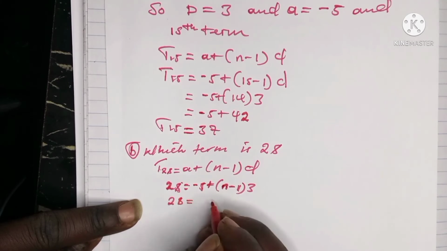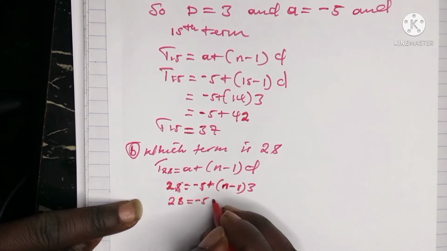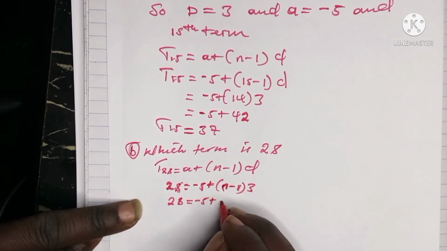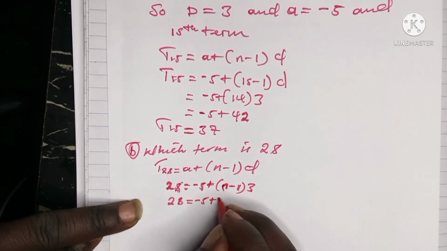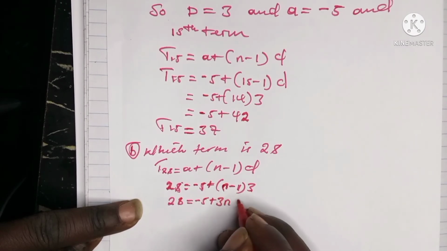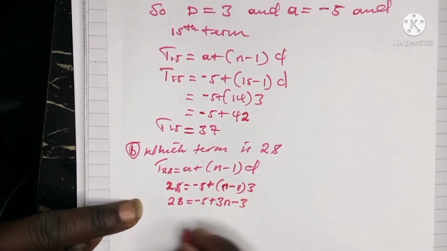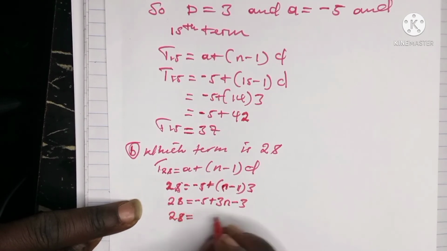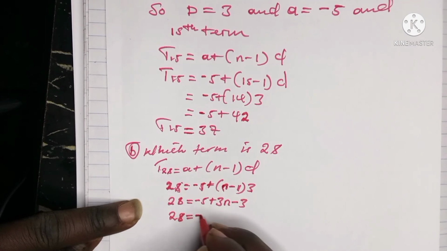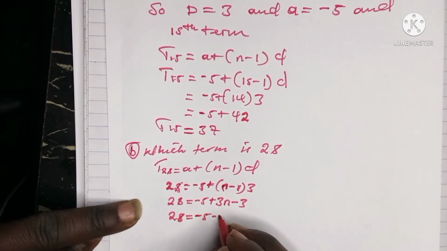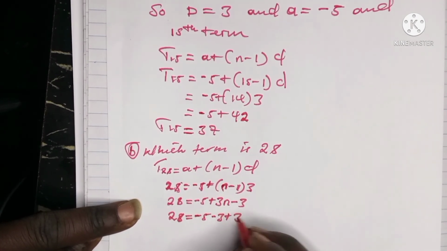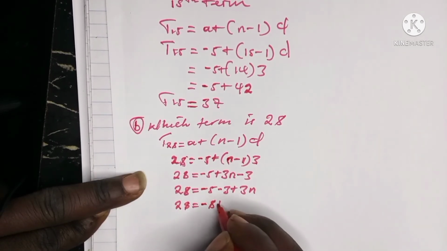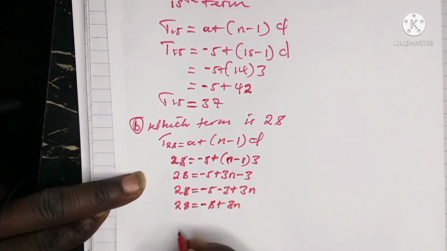Then 28 equals minus 5 plus 3n. If we multiply 3 times n, which is 3n, minus 3 times 1, which is 3. Then 28 equals minus 5 plus minus 3 plus 3n, which is minus 8 plus 3n.